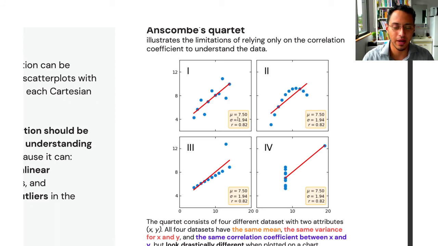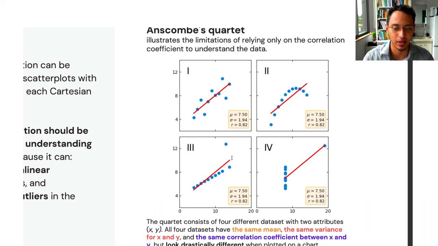Those 3 values that we've explored before are the same, but as you can see here, they are pretty different graphs. One is looking like this, one is correlated in a non-linear way. One is super correlated, but there is an outlier.